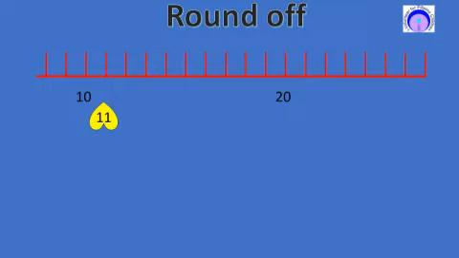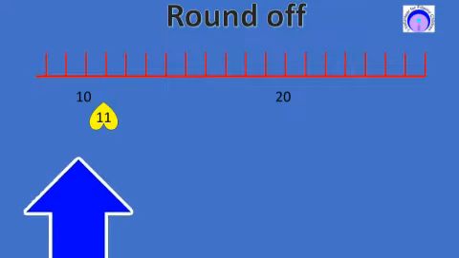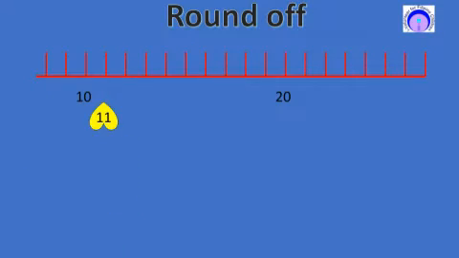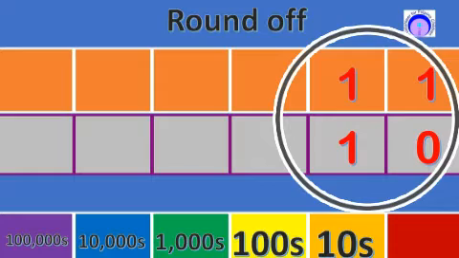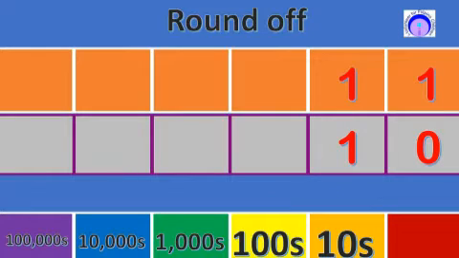Yes, the nearest is 10. That is why the answer is 10. Repeat. When 11 is rounded off to the nearest tens, the answer is 10. The rounded number is 10.